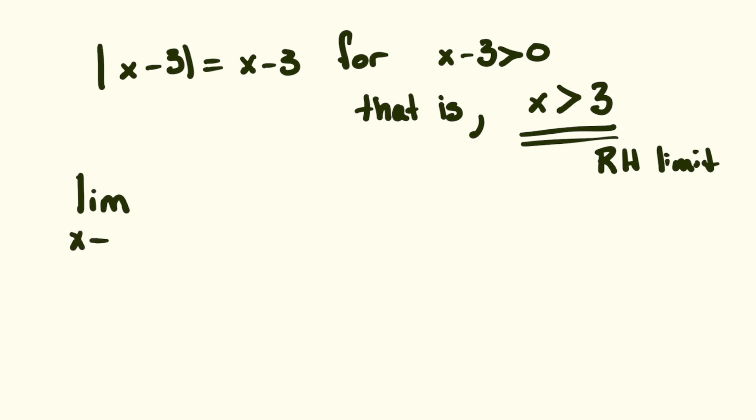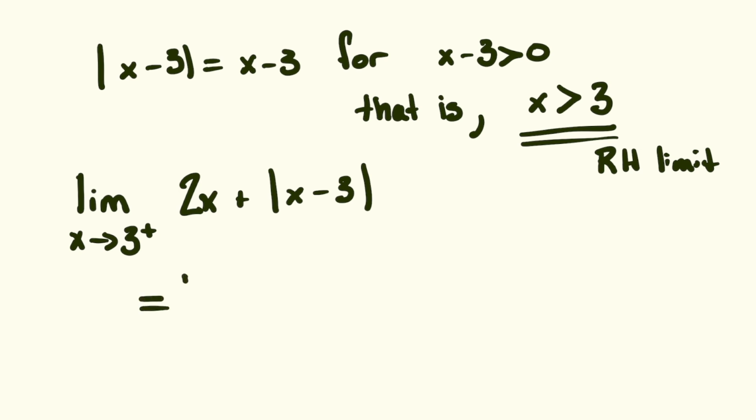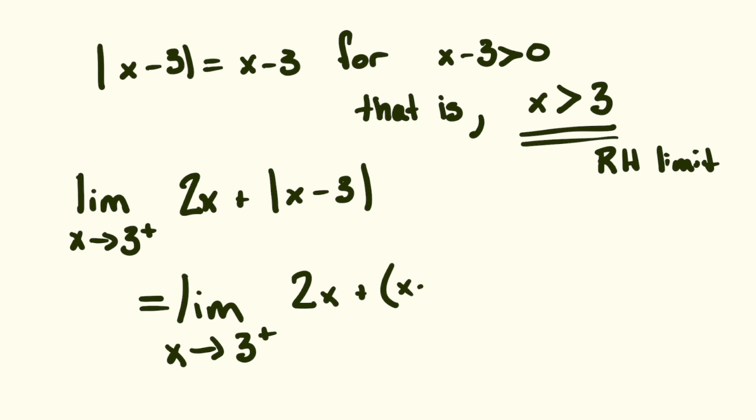The limit as x goes to 3 coming in from the right, which means we need a plus sign in the place we would normally see an exponent. And we're going to start off with our original limit, and then we are going to be able to drop our absolute values because we know that from the right-hand side, this is just going to be x minus 3.